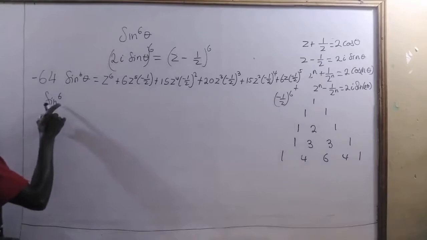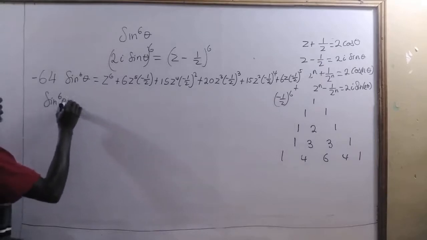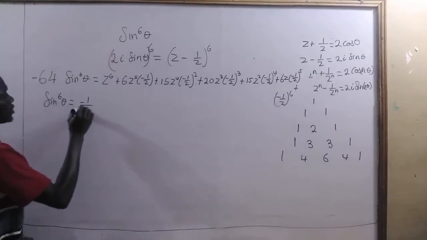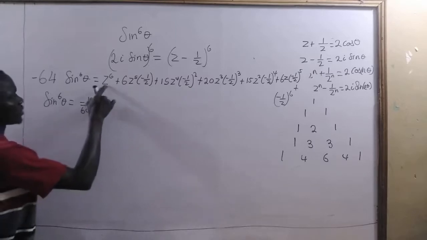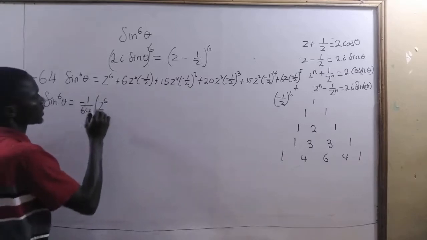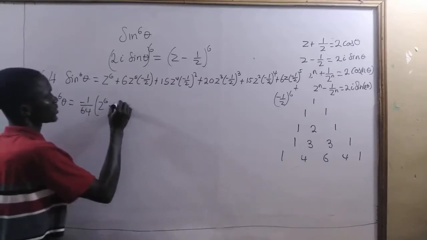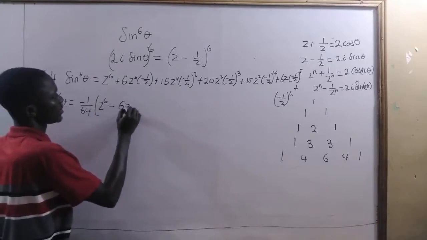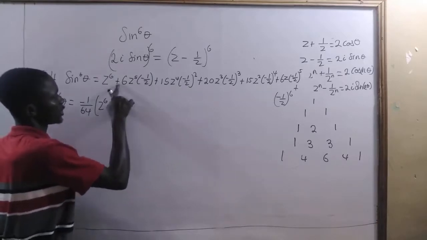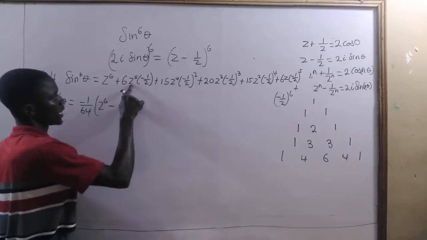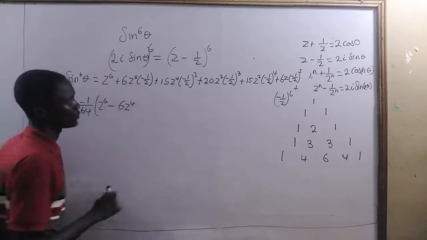sine of theta to the power 6 equal to minus 1 on 64 times z to the power 6 minus 6z to the power 4. Negative times positive is negative. Z will cancel this and you have z to the power 4.